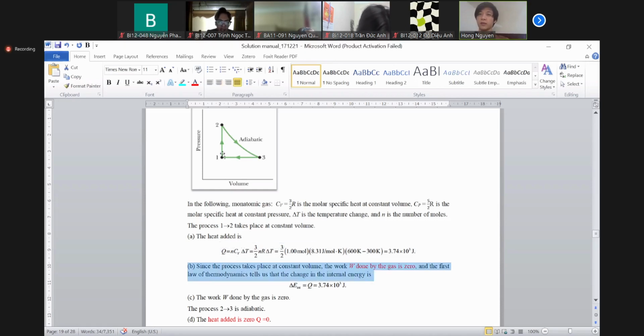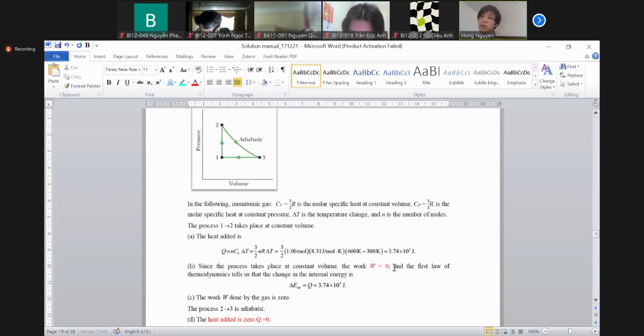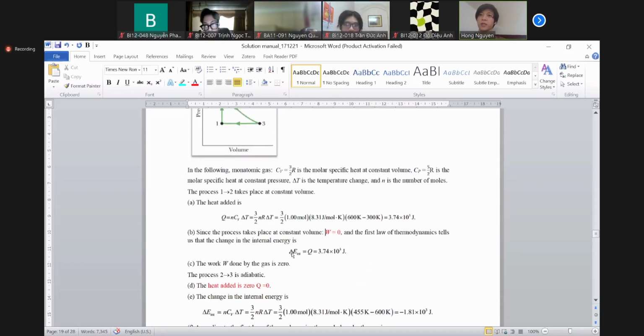And we know that for a constant volume process, the work done is 0. The work is 0. And then we use the first law. We should be able to have the change in internal energy.